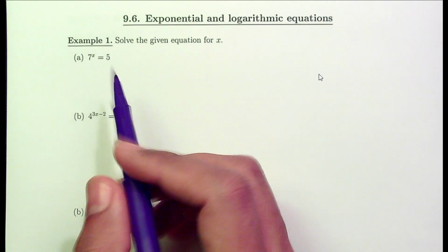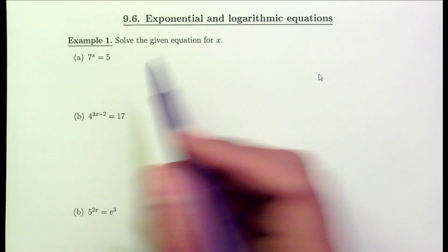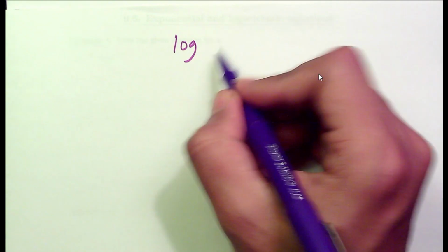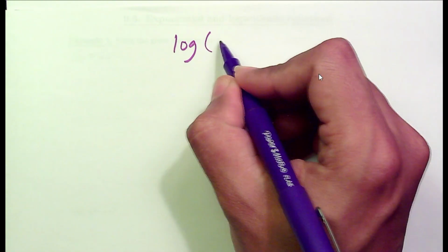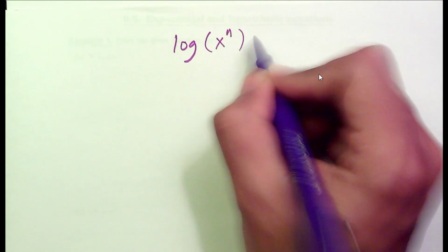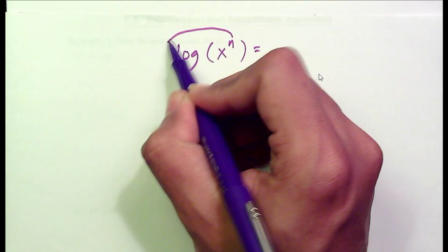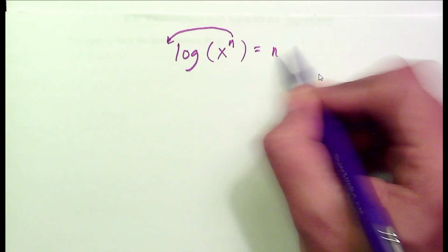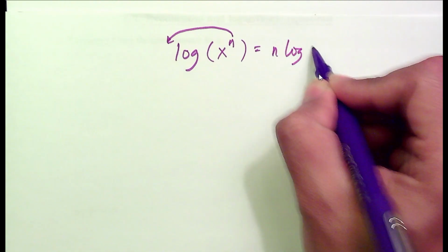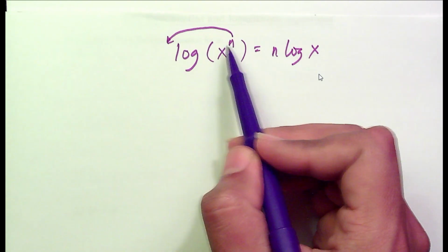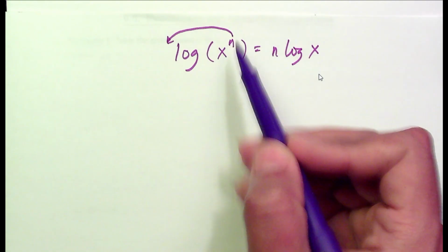By using the property of logarithms that says that if you have a logarithm of a power like that, then you can bring the exponent to the front and get this. So that allows you to take exponents up there and bring them down.